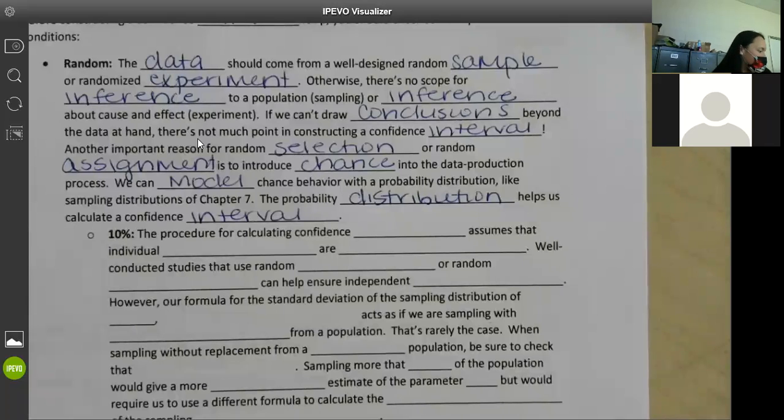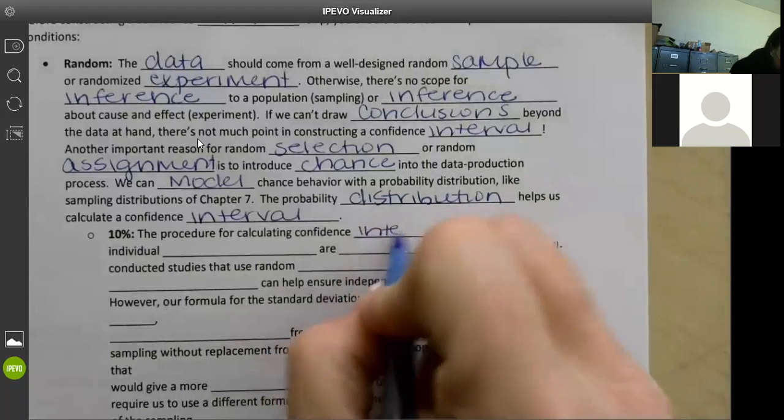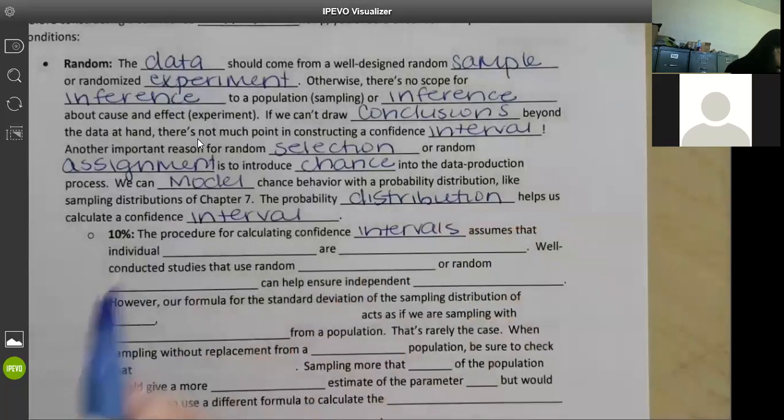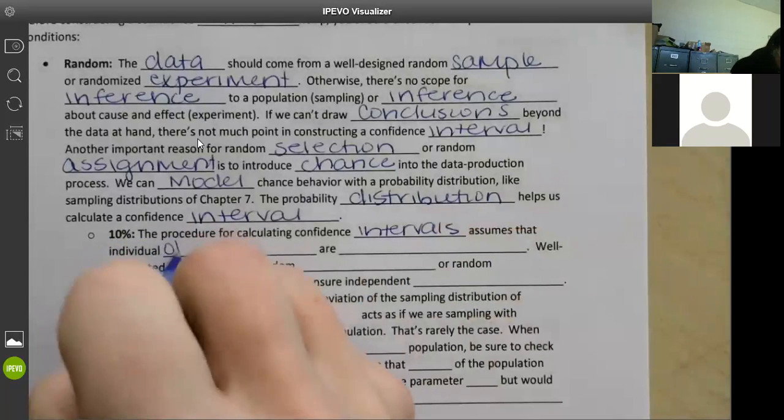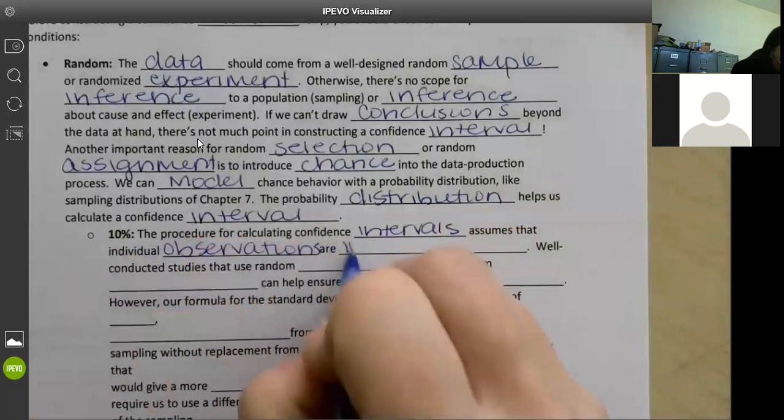All right, you have to check the 10% rule. We already know what the 10% rule does. The procedure for calculating confidence intervals assumes that individual observations are independent.